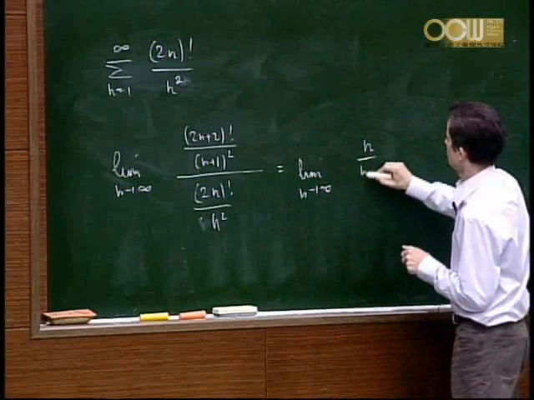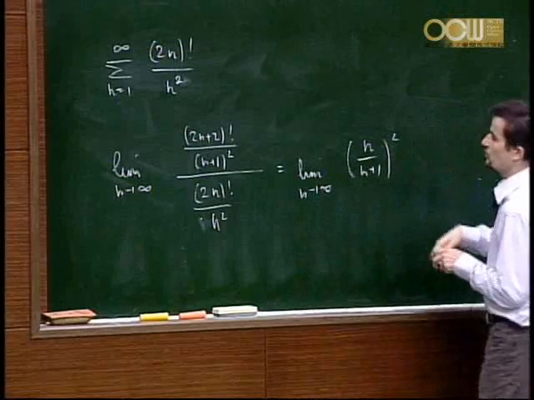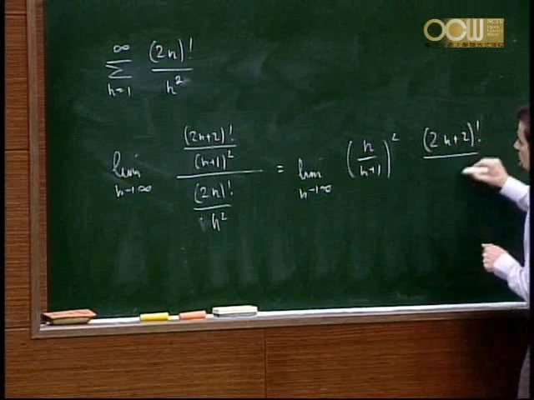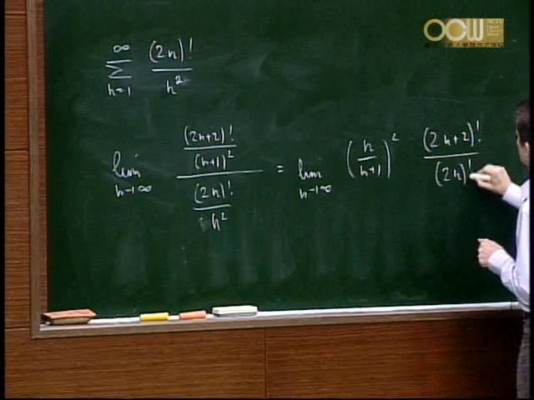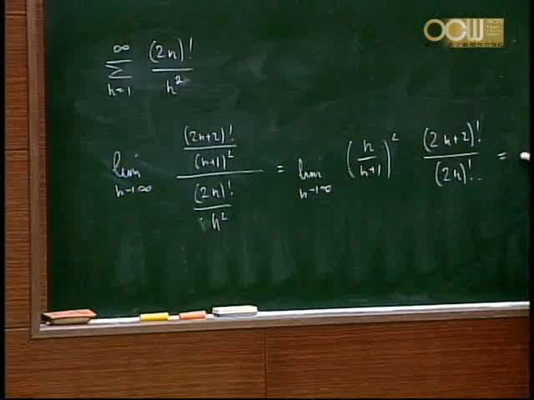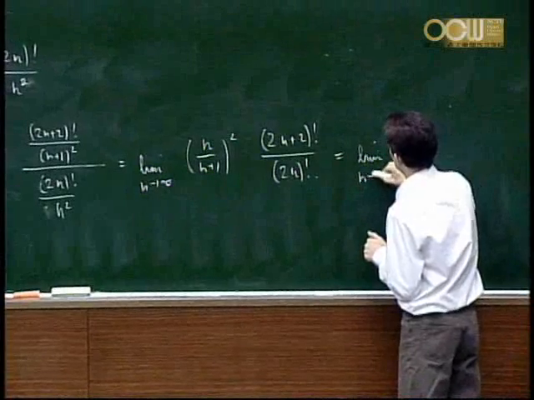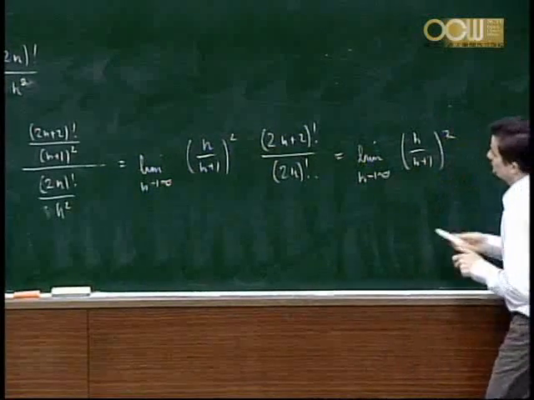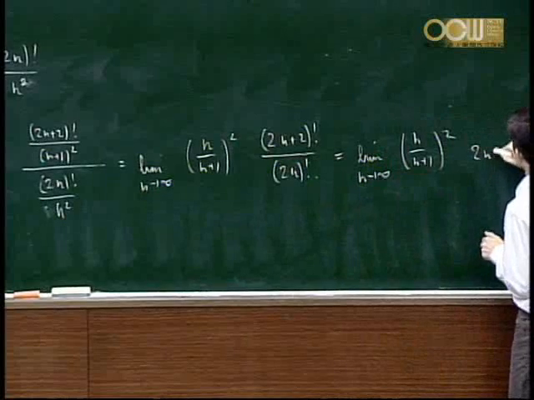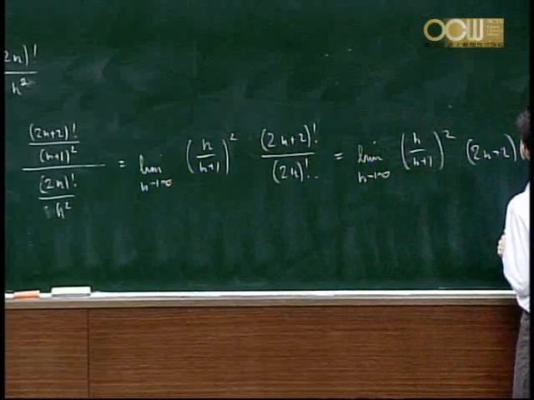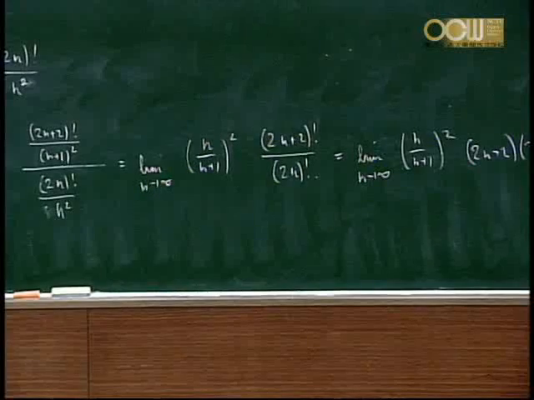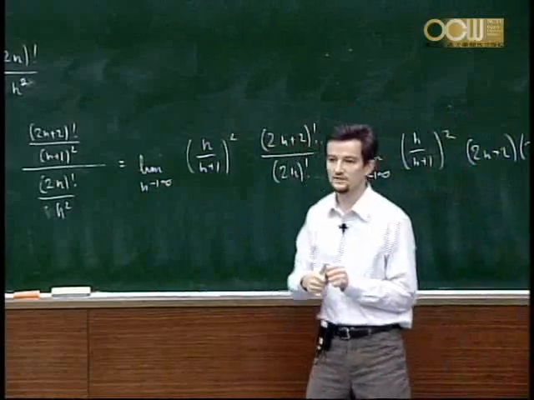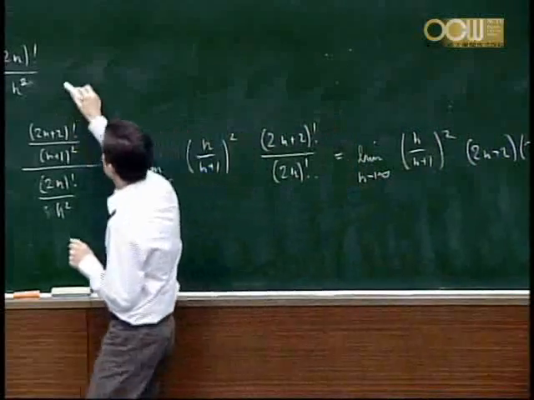You have n over n+1 squared, so this will be 1, and you have (2n+2)! over (2n)!, which is (2n+2) times (2n+1). Because this tends to infinity and this tends to 1, everything will go to infinity. So this means divergent.